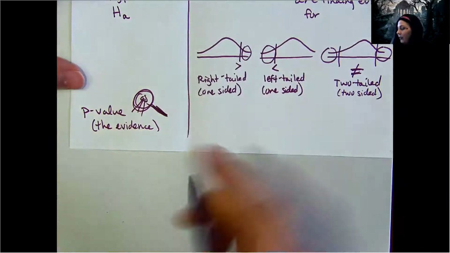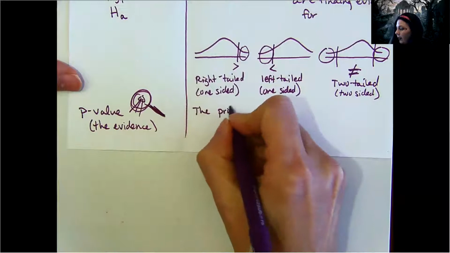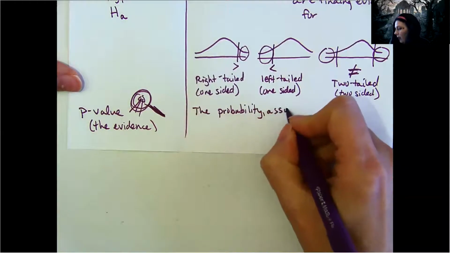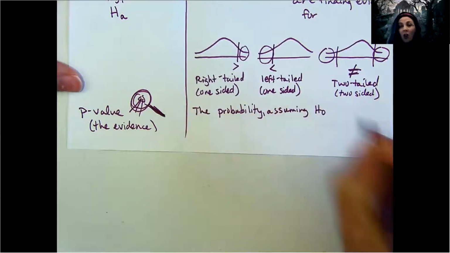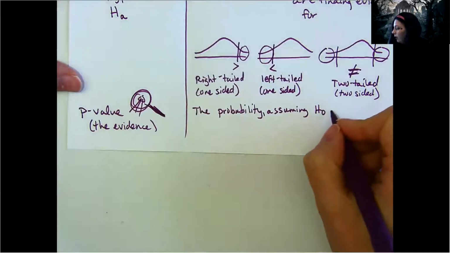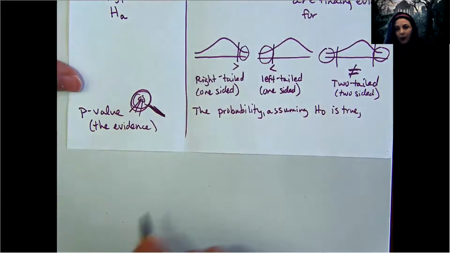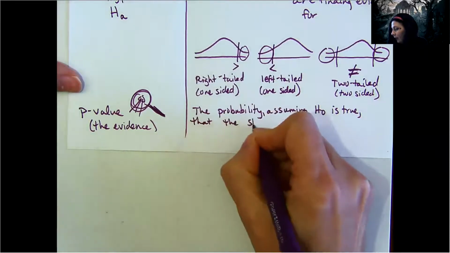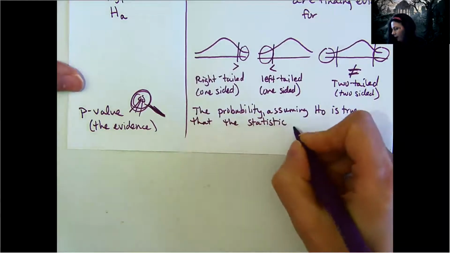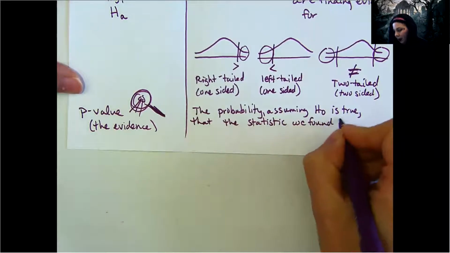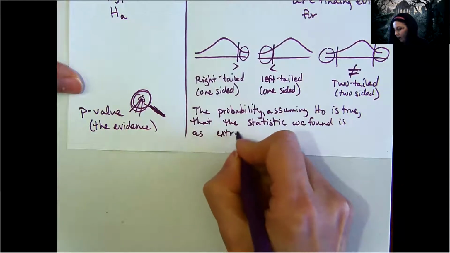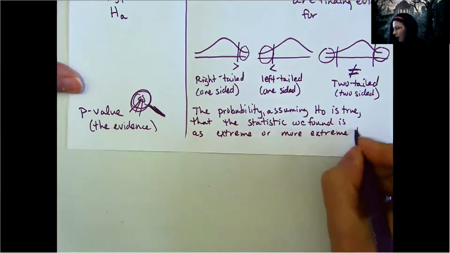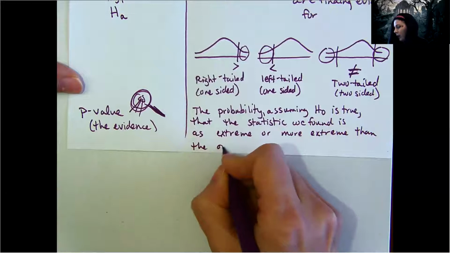The p-value, it's a probability, so it's a percent. It's the probability, assuming the null hypothesis, H0, assuming the H0 is true, that the statistic we found is as extreme or more extreme than the one actually observed.